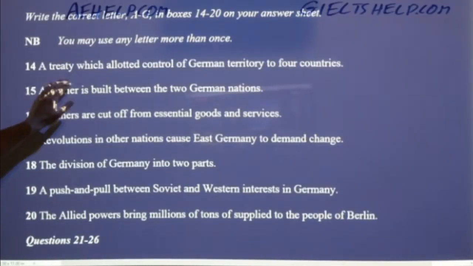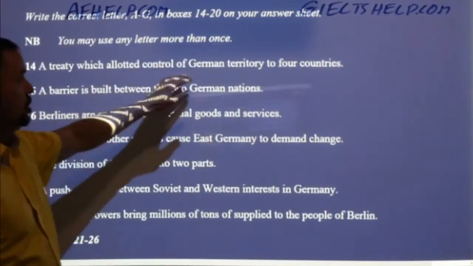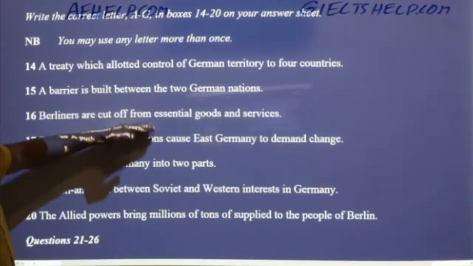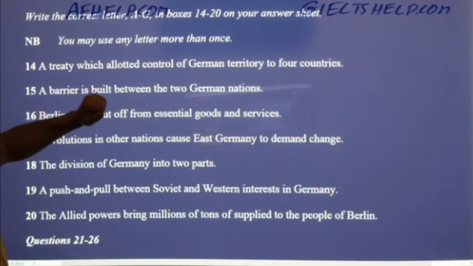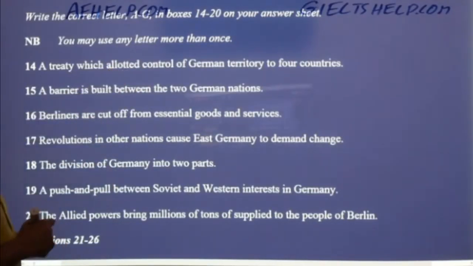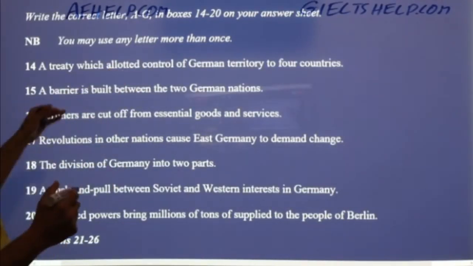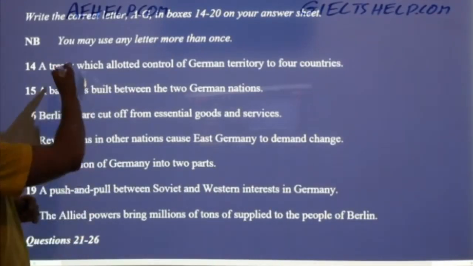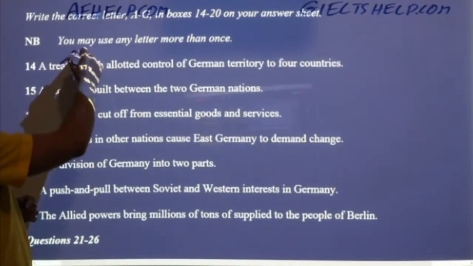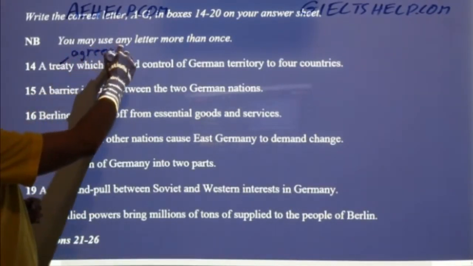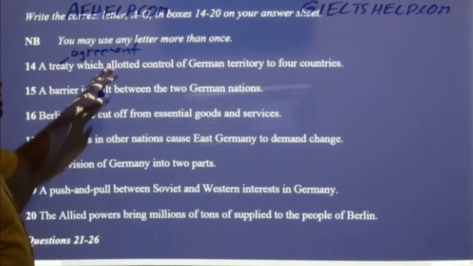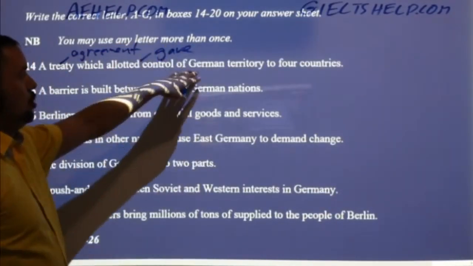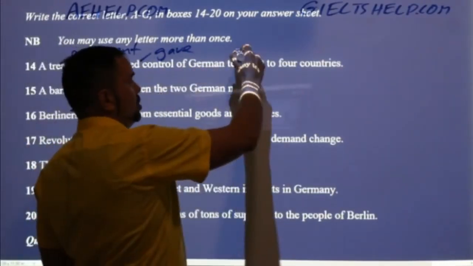A treaty which allotted control of German territory to 4 countries. Now, when you're reading these sentences in this matching information to paragraphs, you want to try to think of other ways to think about these words as best as you can. So instead of treaty, a treaty would be an agreement. Which allotted means gave. Control of German territory, region.